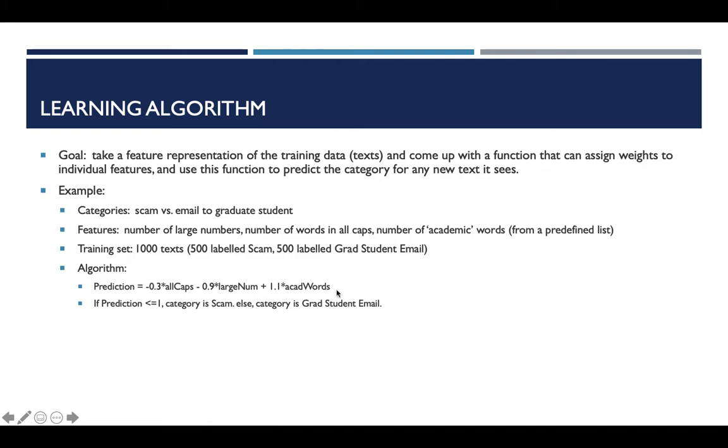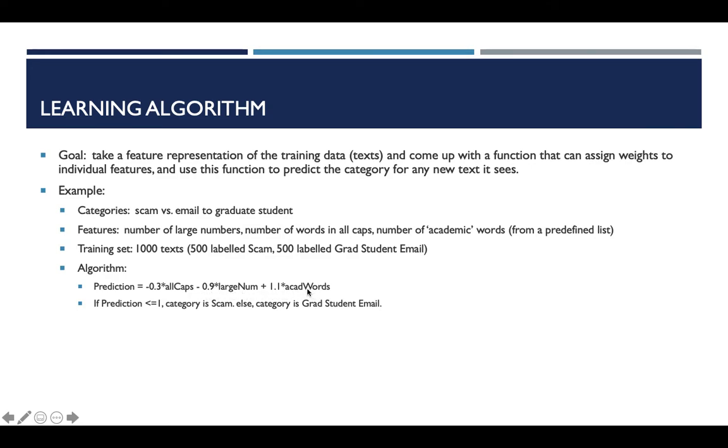But we can use this made-up formula to predict whether a given text is a scam or a real email to a graduate student. And then later on, when we do the test set, we can find all the words that are in all caps, count those up, multiply that number times negative 0.3. Find all the large numbers, count them up, multiply it times negative 0.9.